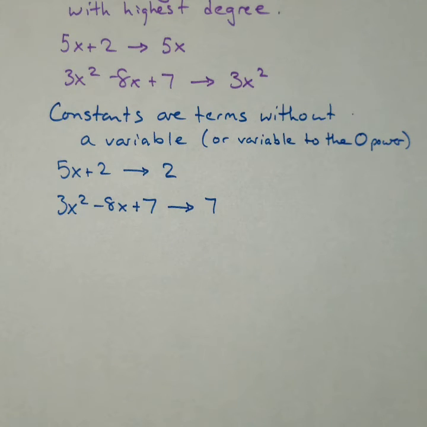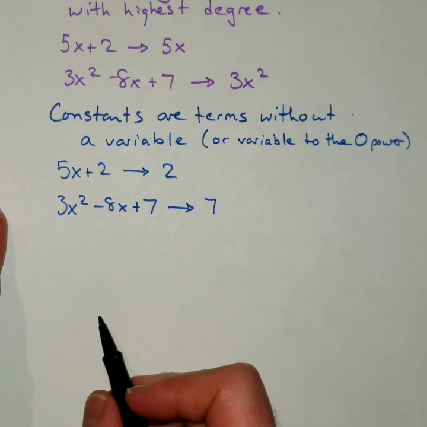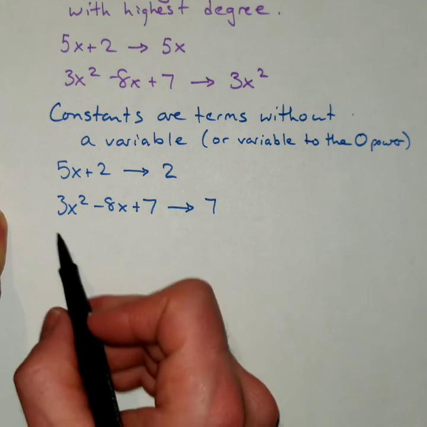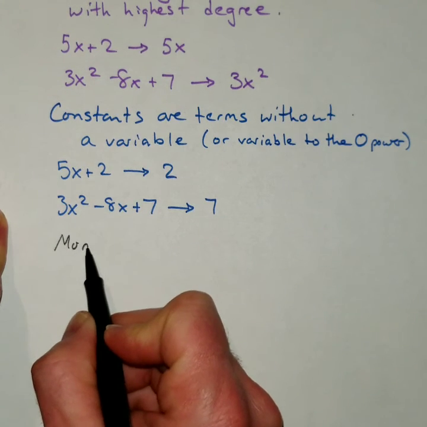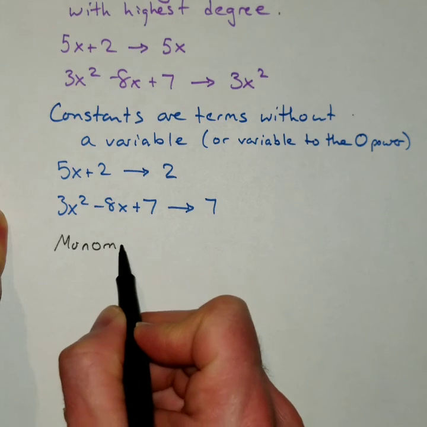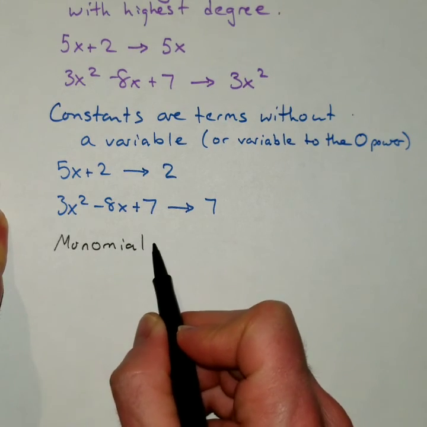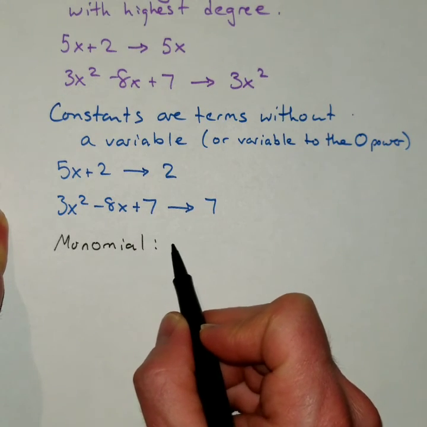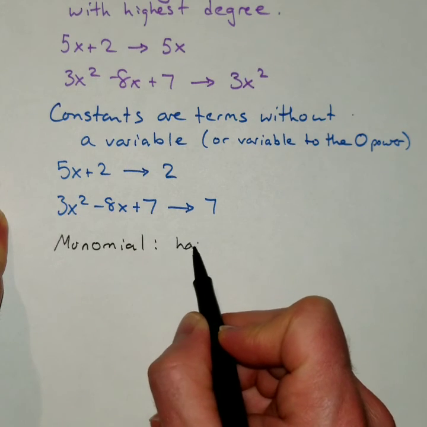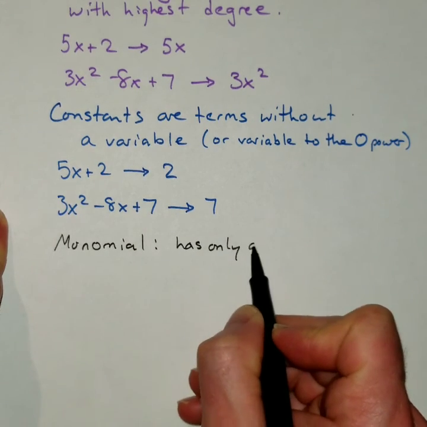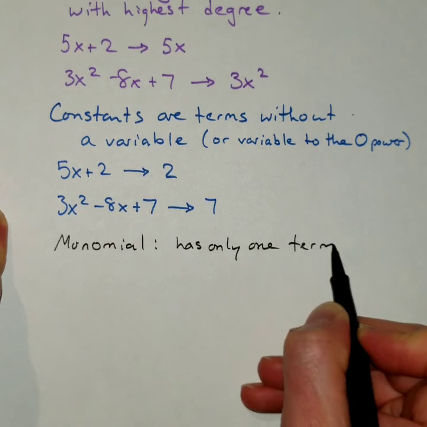All right, and then finally, we're going to look at 3 specific types of polynomials. One is called a monomial. A monomial has only one term.